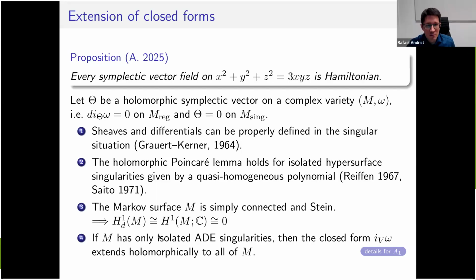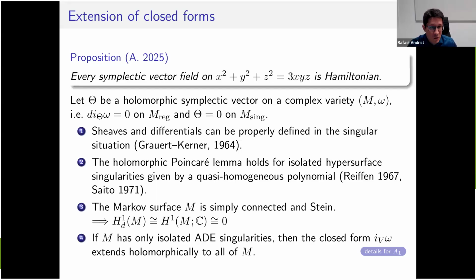And then we can apply the whole machinery and we say, okay, the holomorphic de Rham cohomology is trivial, so this closed form is actually exact. And therefore we get that the symplectic vector field is Hamiltonian. So this requires a bit more work than one would initially assume.